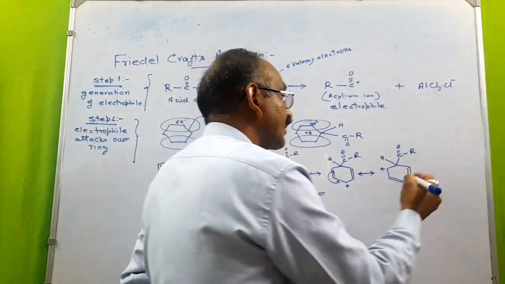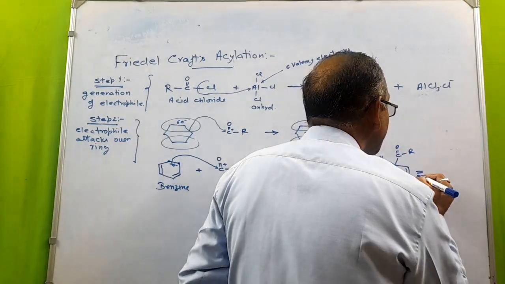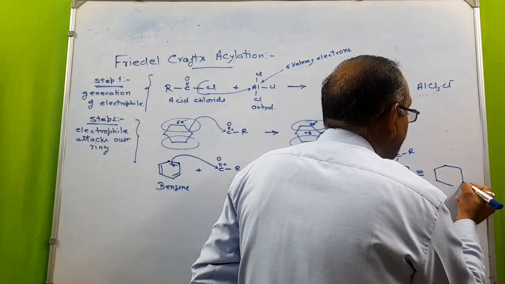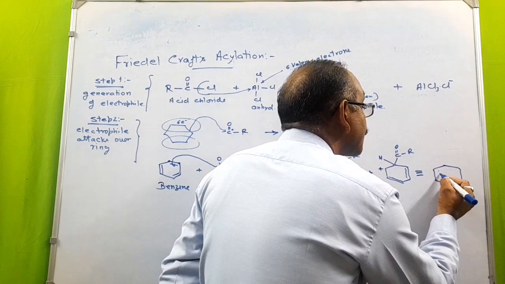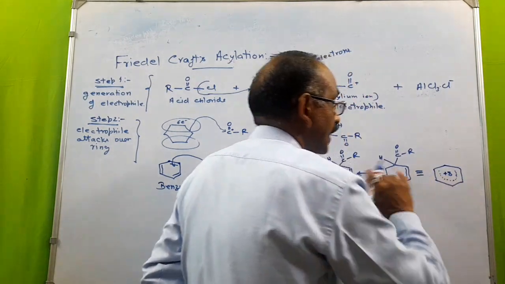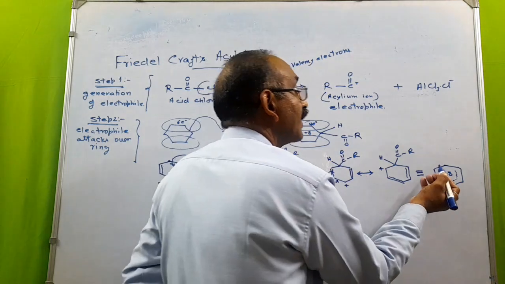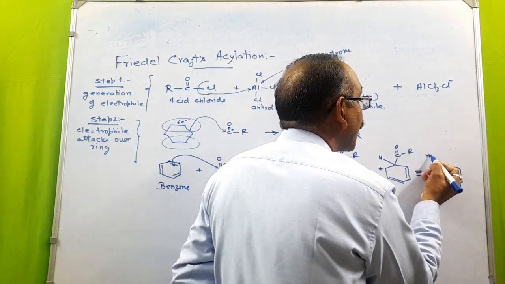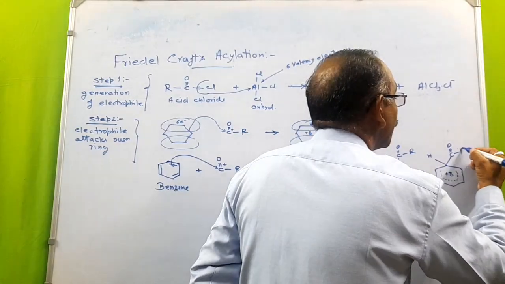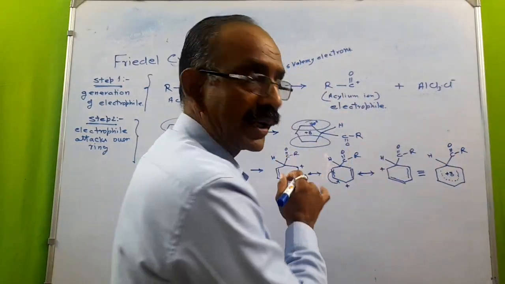The actual structure is none of these. The actual structure lies in between all these. In this actual structure, the positive charge rotates over the ring, and at the ring there is one hydrogen and the electrophile.